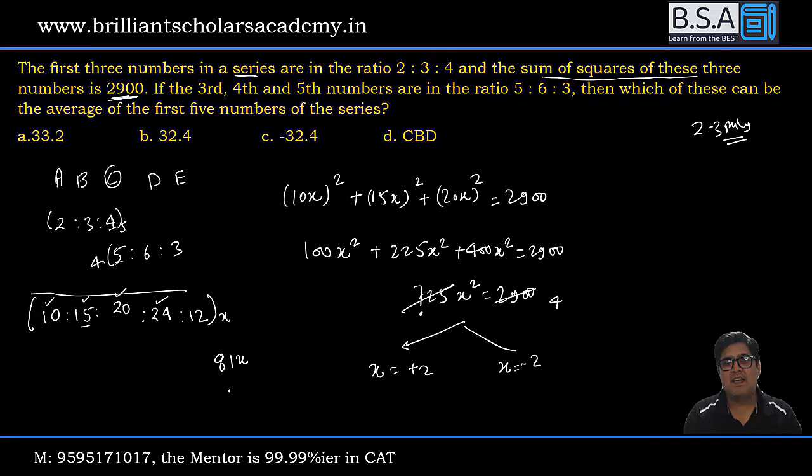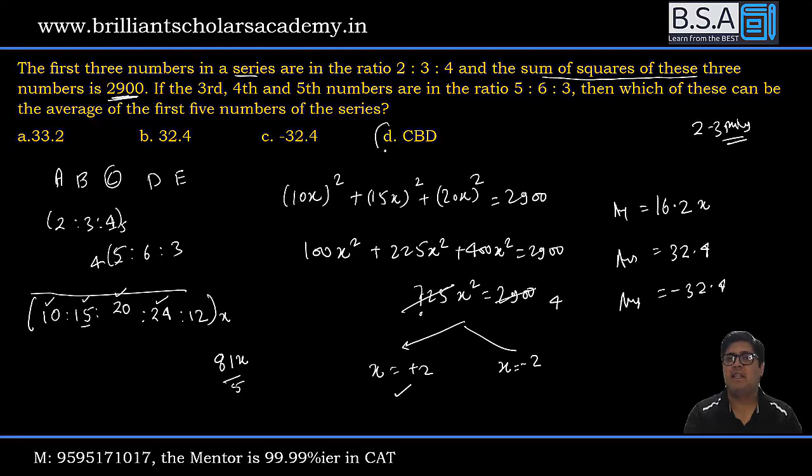What I want is the average. Average will be upon 5. So if I divide both, my answer would look like 16.2x. So my answer average could be into 2, 32.4. If I take x is equal to 2, it could also be minus 2. So minus 32.4. So there are 2 averages possible.